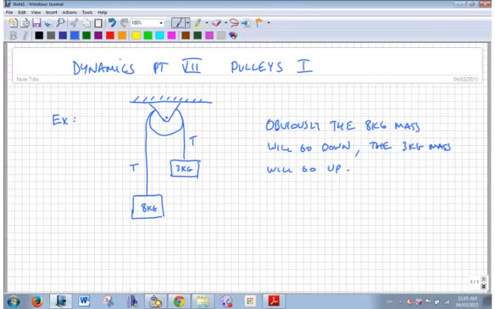Every action has an equal and opposite reaction. These are connected. So if I'm asking you for tension right there, it would be the same as there, same as here, same on the top of the pulley, okay? It's the same everywhere. Tension is tension. They're connected.